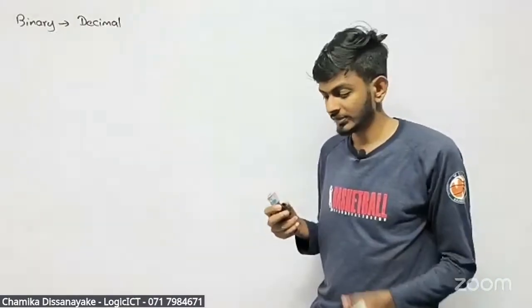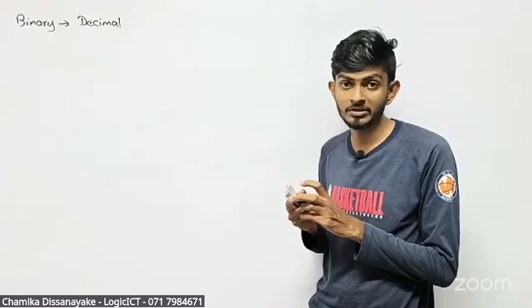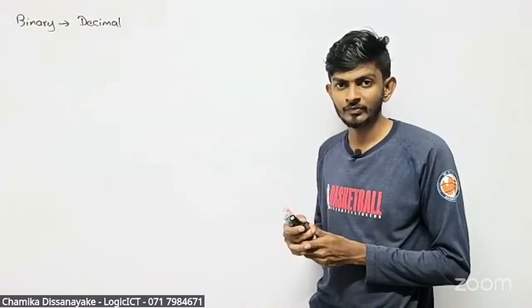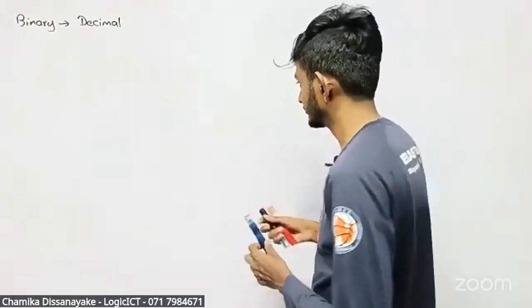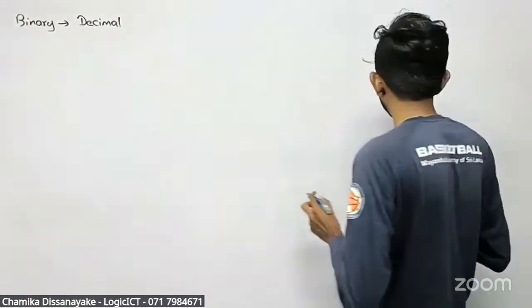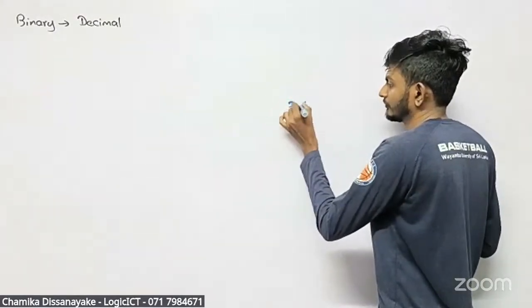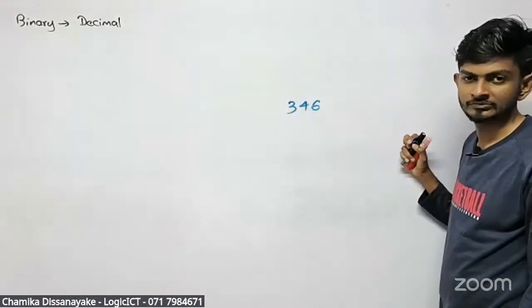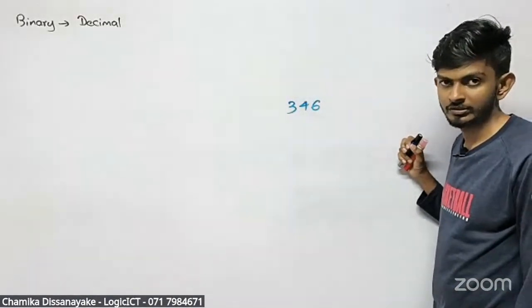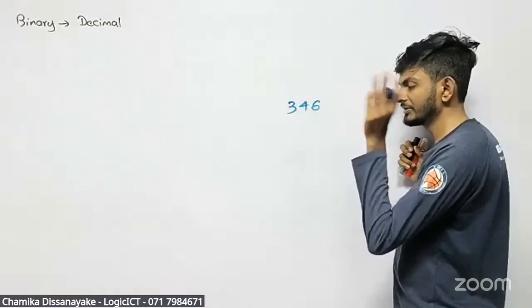First of all, I'm going to teach you how decimal numbers are made. Let's get a decimal number, 346. This is a decimal number. We are going to calculate how this number is made.